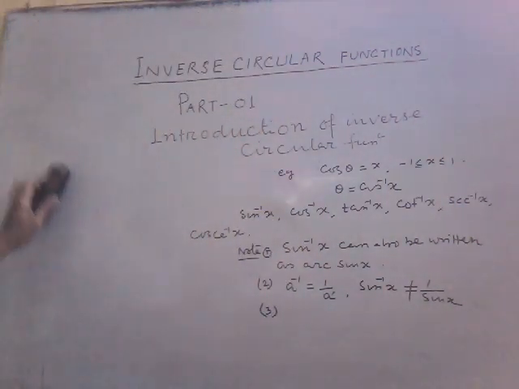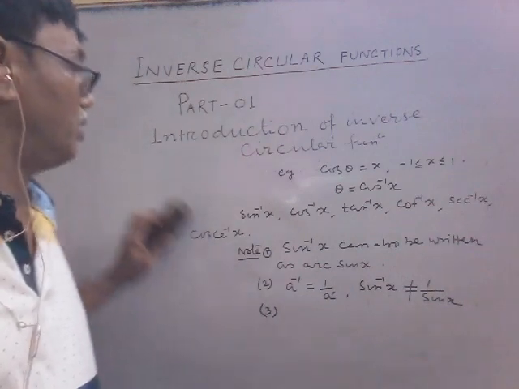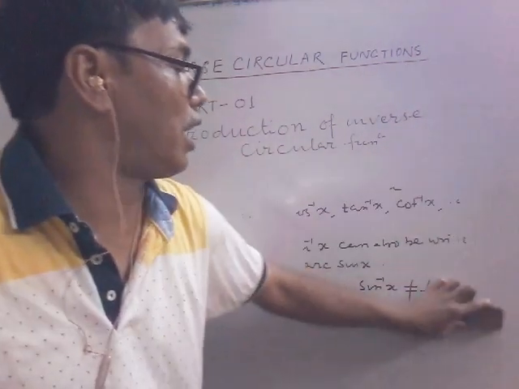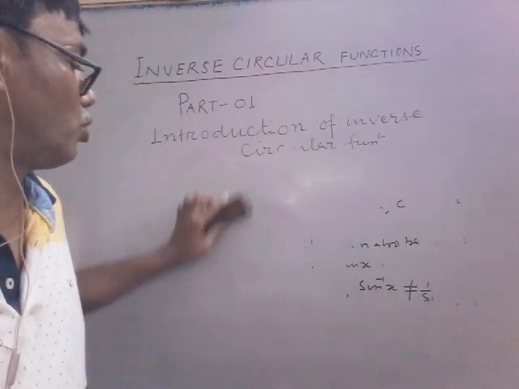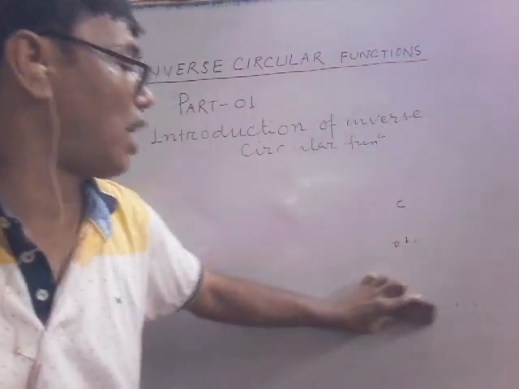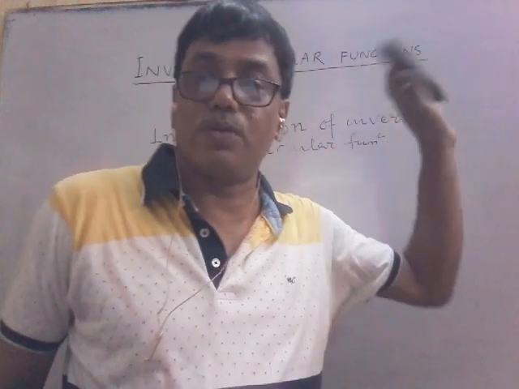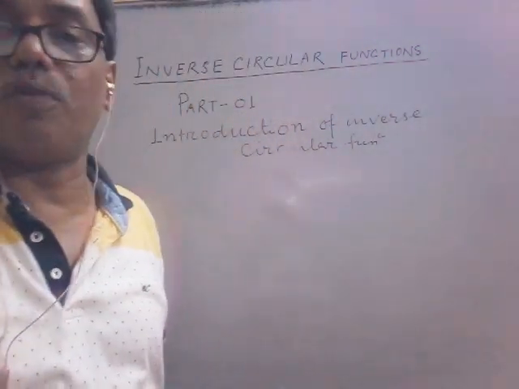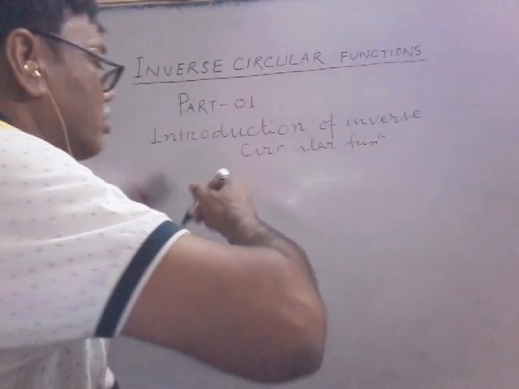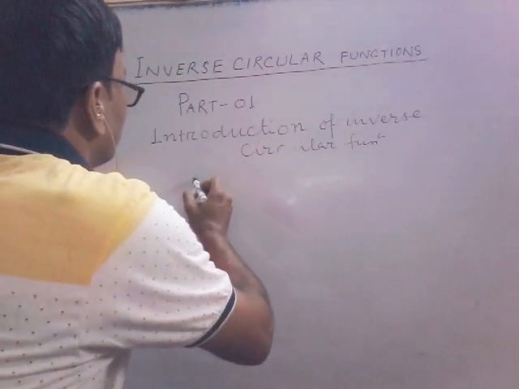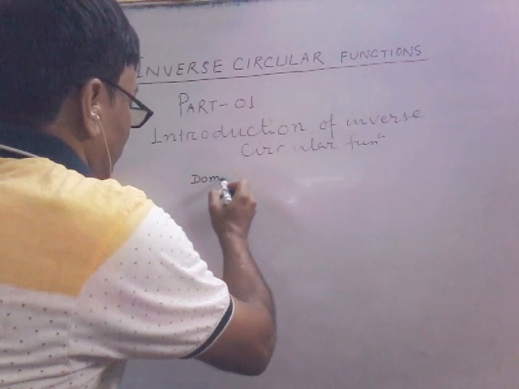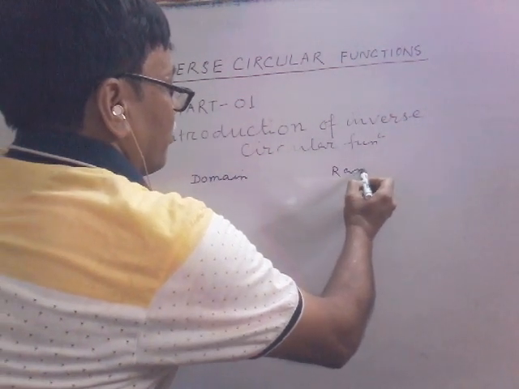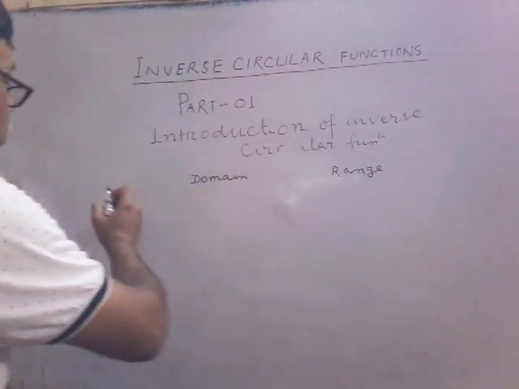Now domain and range of inverse circular function. You know what is domain? Domain is values of x for which function is defined. Range is value of function f(x).